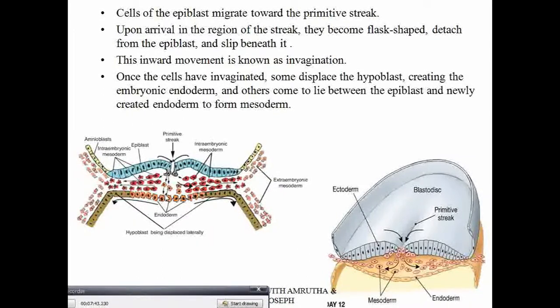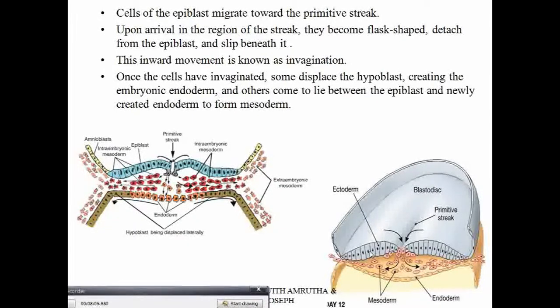So we have seen two fates of the epiblast here. Some of the epiblast replaces the hypoblast to form the endoderm. Some of them will occupy the space between epiblast and endoderm, and they are called mesoderm.